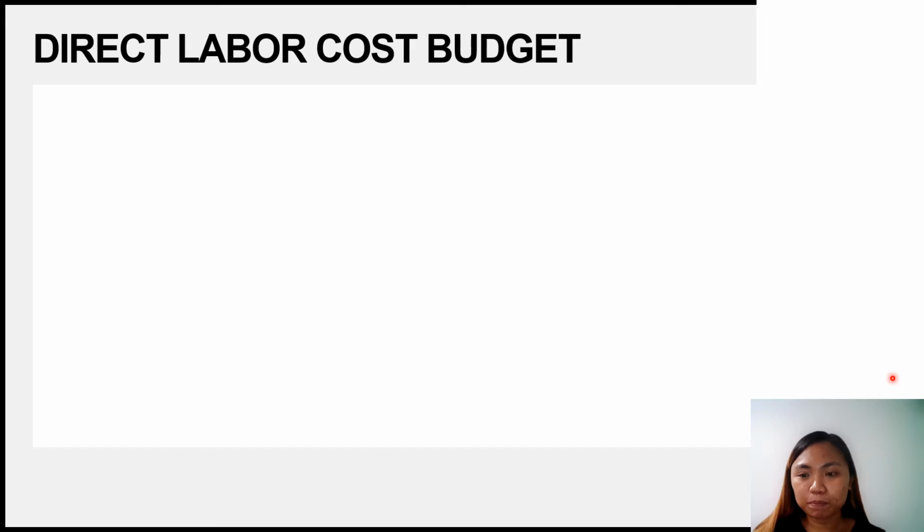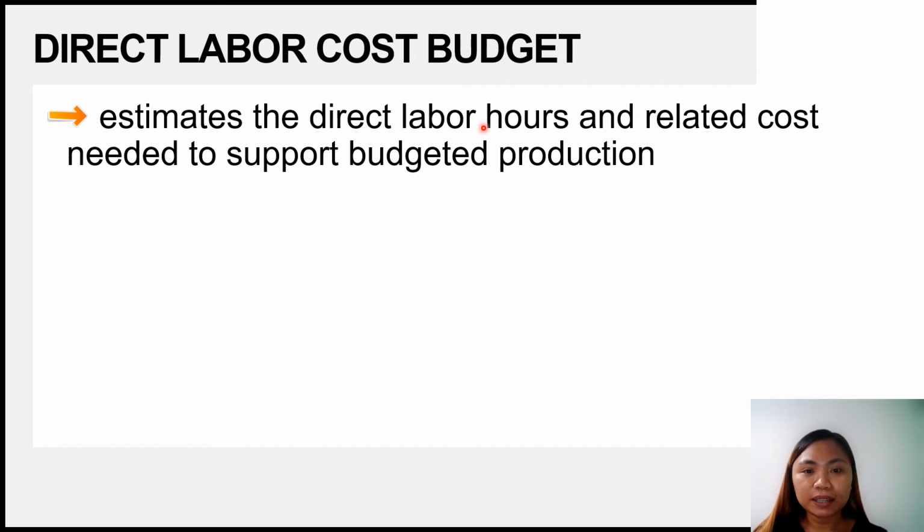The cost of employee wages, that is an integral part of the finished product, is classified as direct labor cost. And the direct labor cost budget estimates the direct labor hours and related costs needed to support budgeted production.